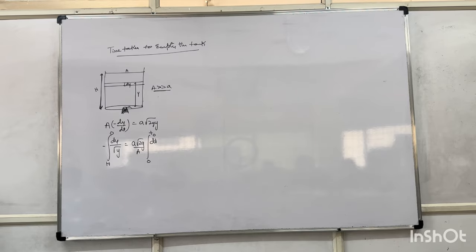You should tell me why it is negative. Y is decreasing, so dy by dt will be negative. Yes or no?